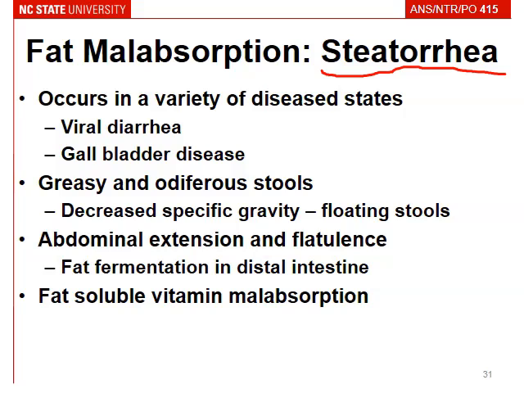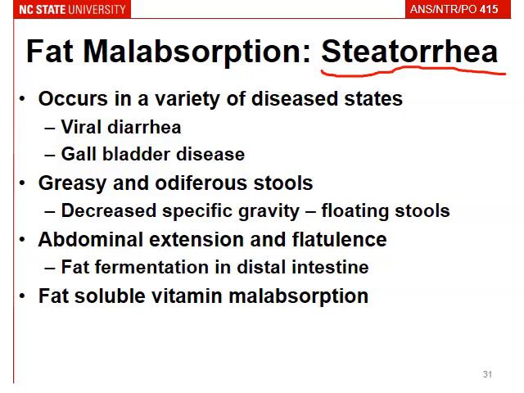If you remember, our bacteria within our hindgut do not really like to have a lot of fat, especially polyunsaturated fats, which are actually toxic to them. We will get fat fermentation. They're going to have to adjust to that, and that's what's causing the distension and flatulence.